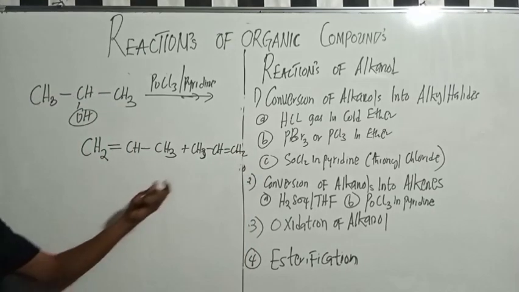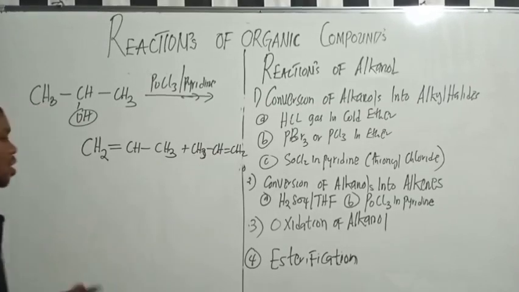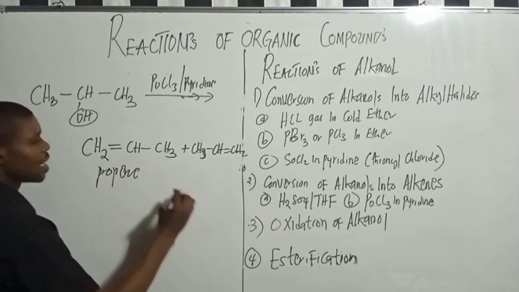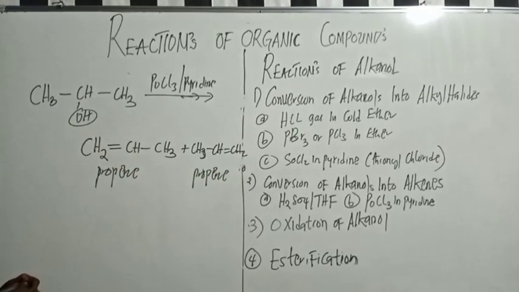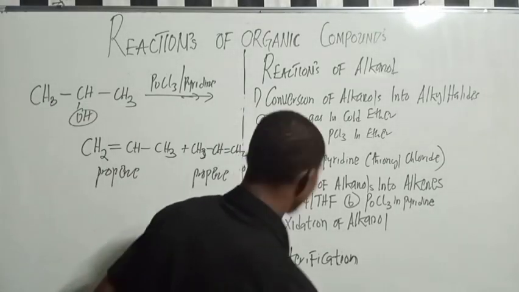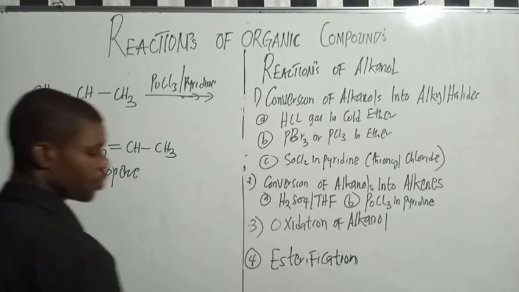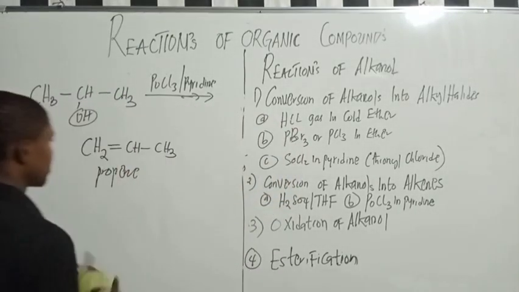Now these two are the same. There's no difference between this one and this one, because the name of this one is propene, and the name of this one is also propene. Can you see that? So they are actually the same, and there's no point in writing this one again because it's the same product.